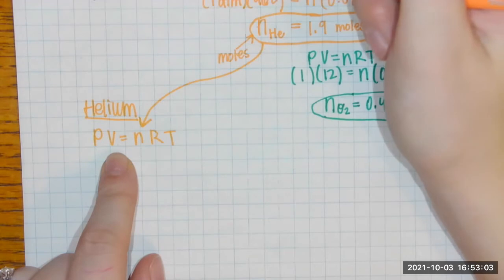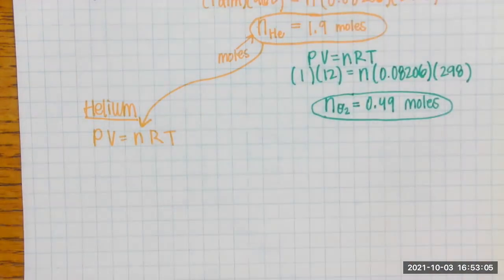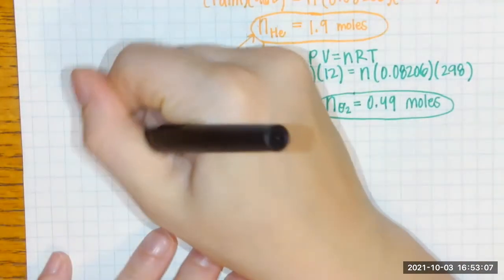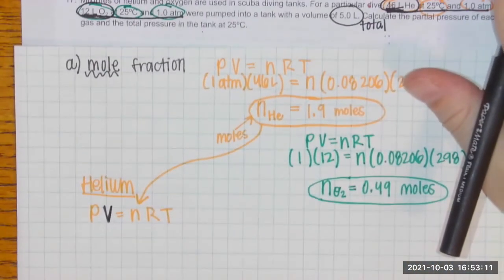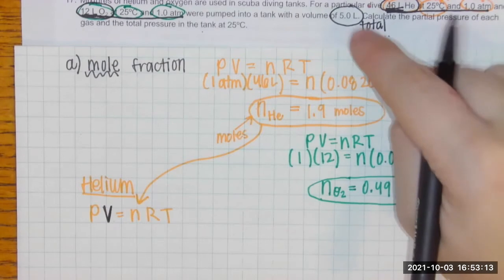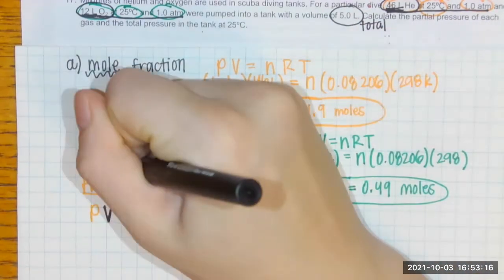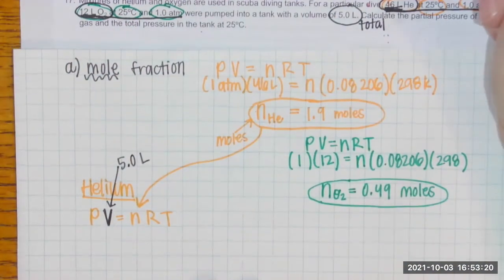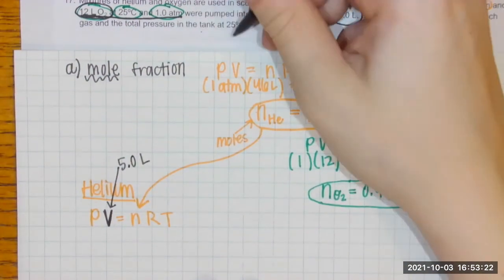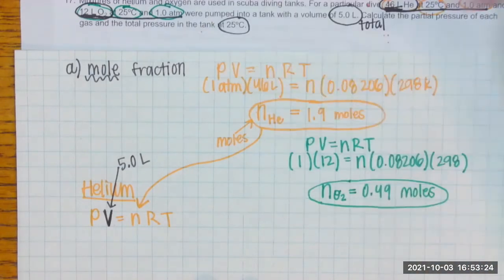The volume is changing though, because this is the volume of the combined container. The problem says that the combined container is 5 liters. The temperature for the combined thing will stay at 25 like it always has been.